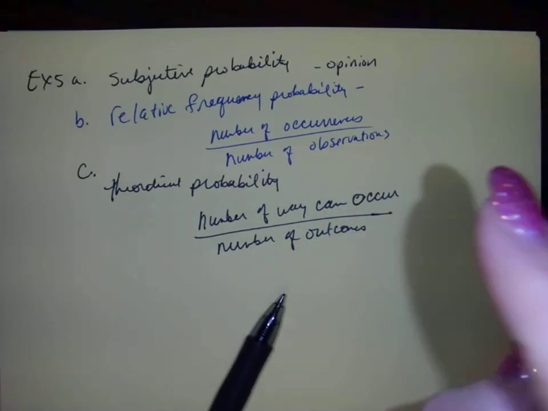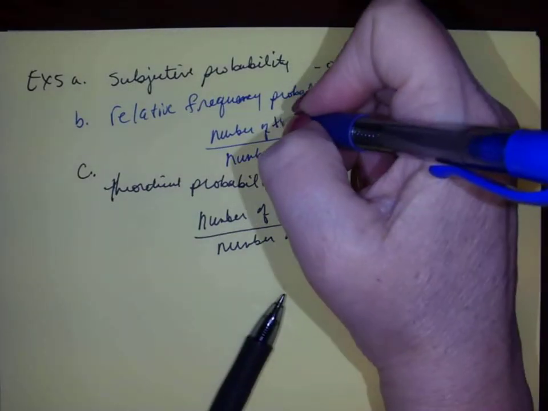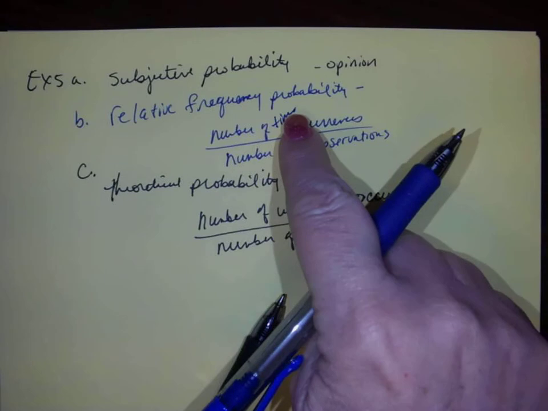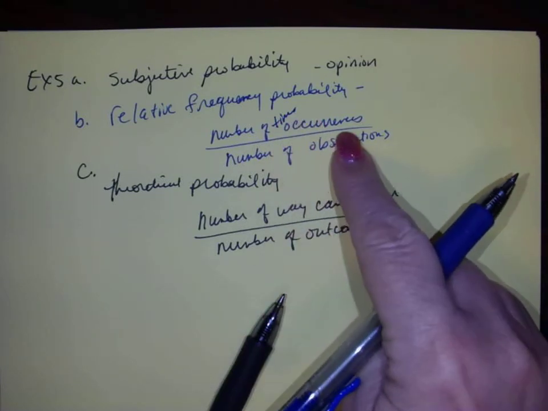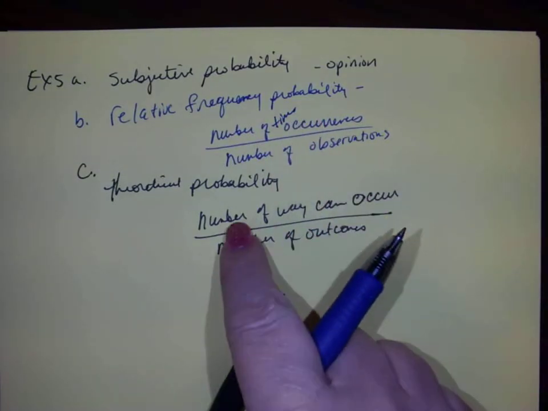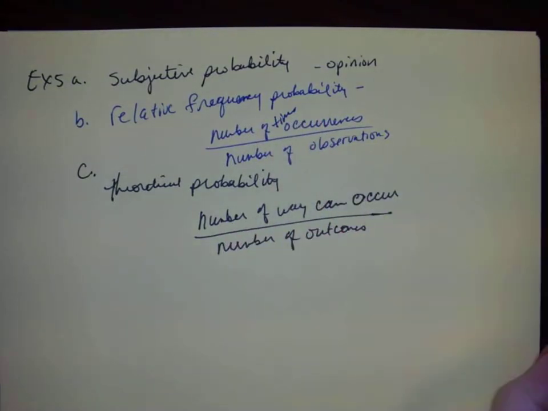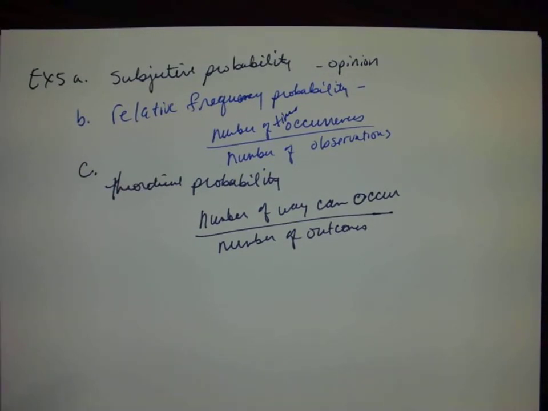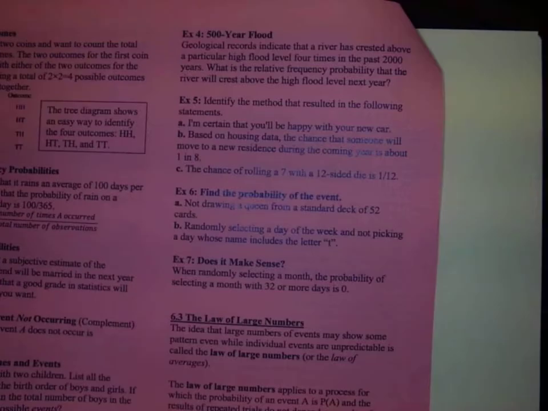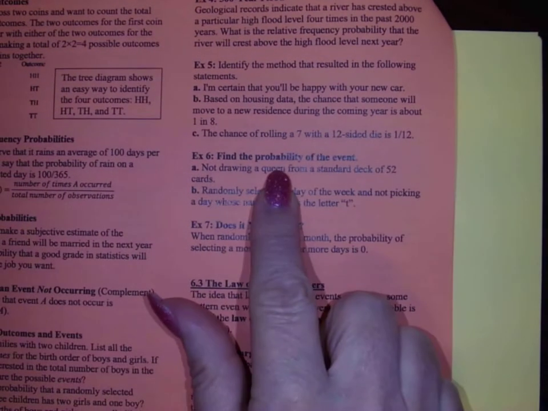And up here, I need to clarify, this is the number of times, so number of times it occurs, or occurrences, and this is the number of ways it can occur. So a little bit of difference in the wording. So that's theoretical. I wanted you to understand the different ways. All right, let's go find some probabilities.